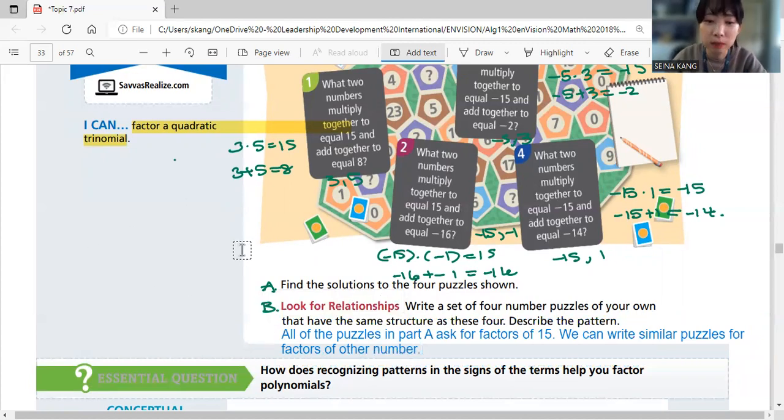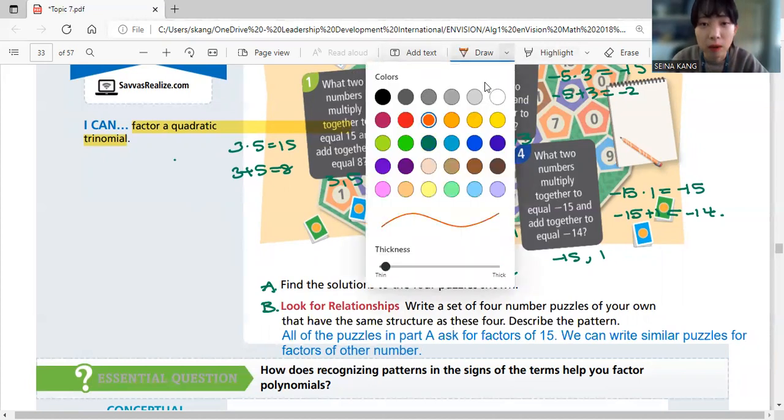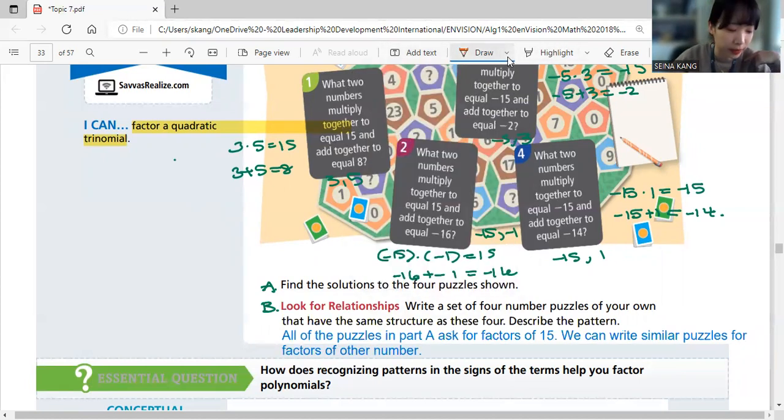You can pick your own number, but as an example, we can have factors of 21. So think about factors of 21. You have 1, 3, 7, 21, right?